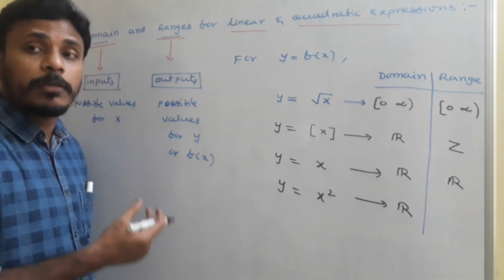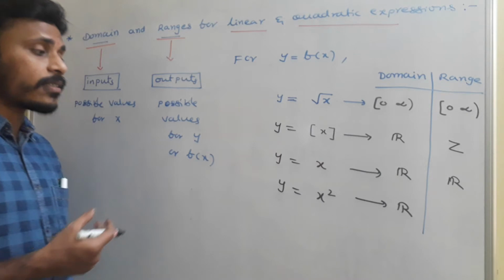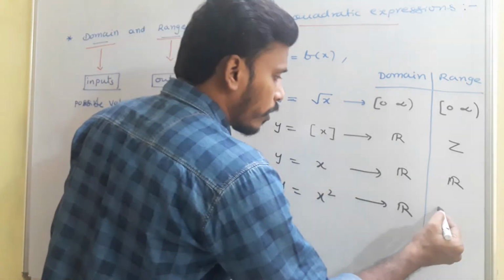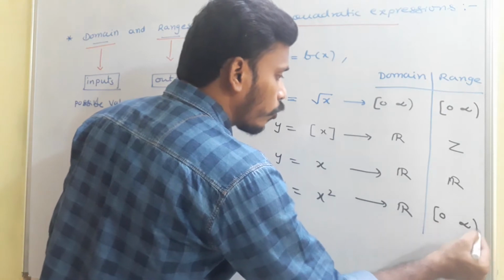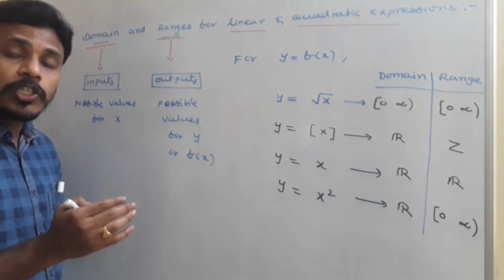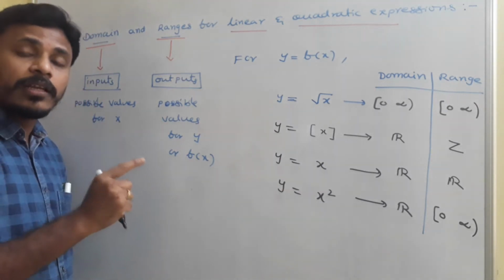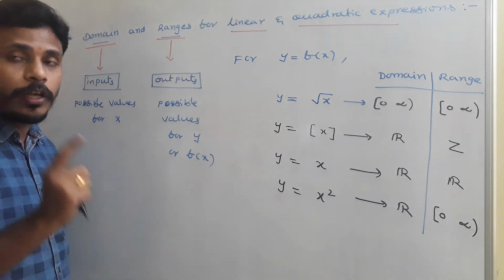Then what do you say about the possible outputs? Coming to the possible outputs, they are only non-negative real numbers, from 0 to infinity. You can take all the real numbers in the place of x, but since there is a square, the output is just from 0 to infinity.